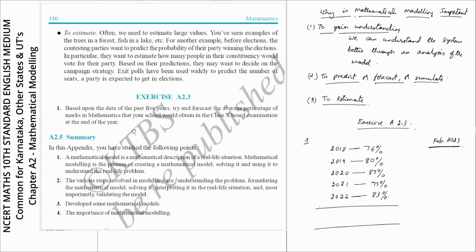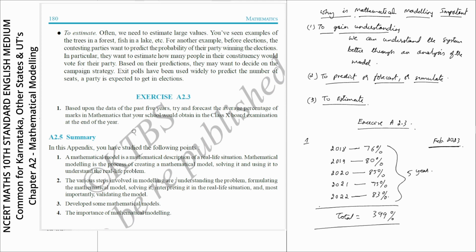So when I sum up all these, 76 plus 80 plus 85 plus 75 plus 83, altogether I'll get 399. How many years of data do I have? Totally 5 years of data.